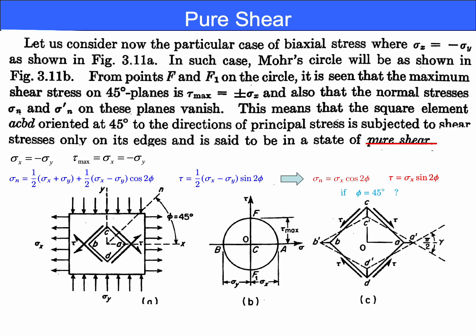It is reduced a little bit. The corner angle A is reduced to be pi over 2 minus gamma. Gamma is the reduction angle that is usually small when we consider a small deformation. This stress state is called pure shear.